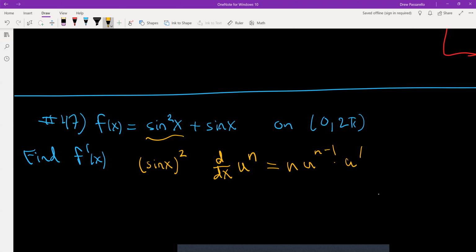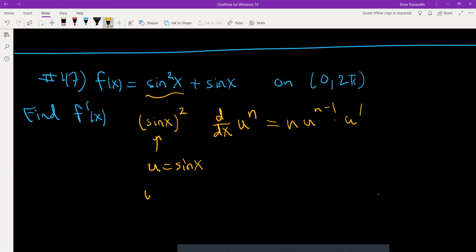In this case, u is sine x. So the derivative of sine is cosine. So u prime is cosine x.